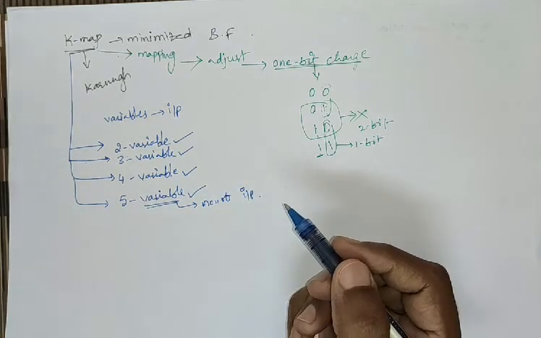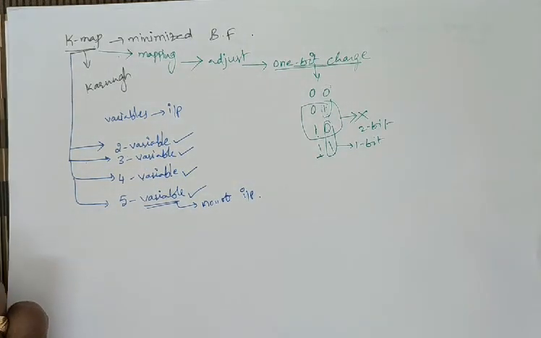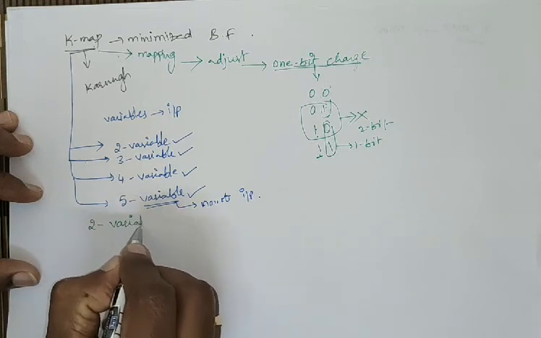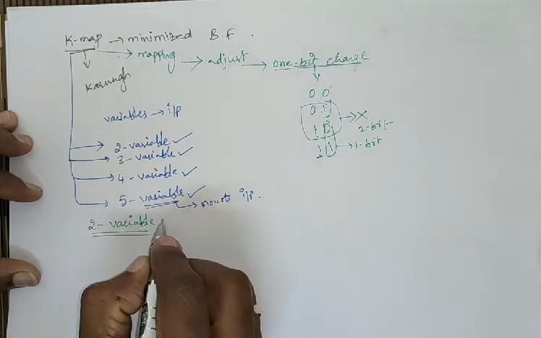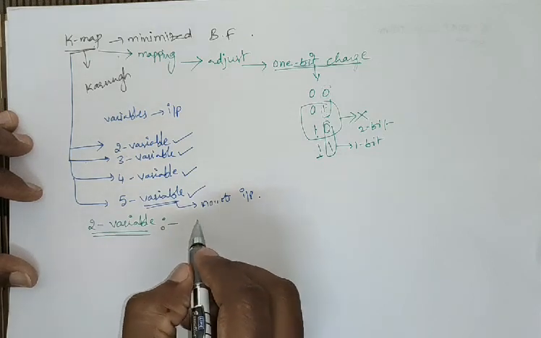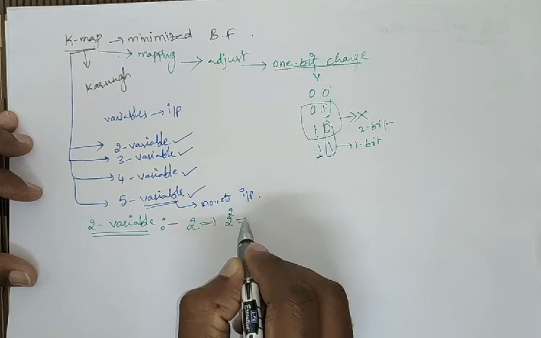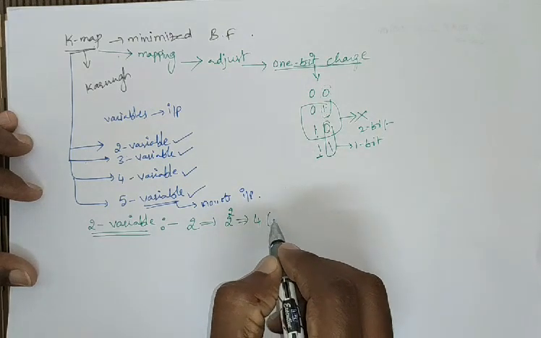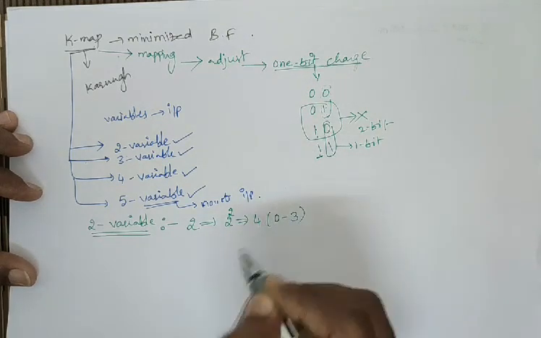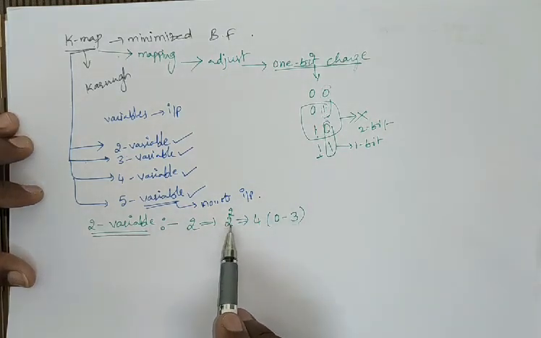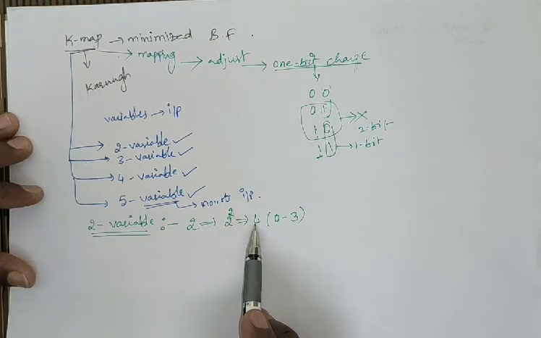Now we'll discuss the 2 variable K-map. In 2 variables, the input terms are 2 variables. How many possible combinations? 2 to the power of 2, that is 4 combinations, and the range is 0 to 3.